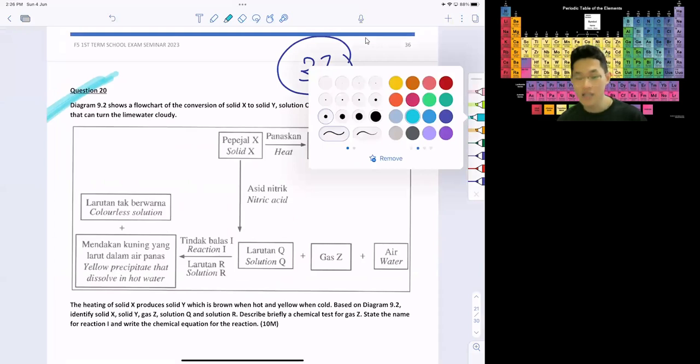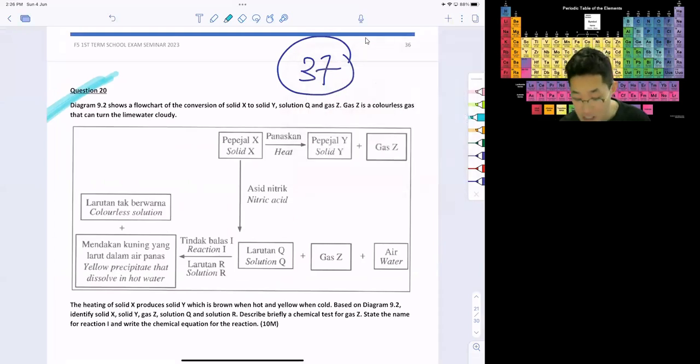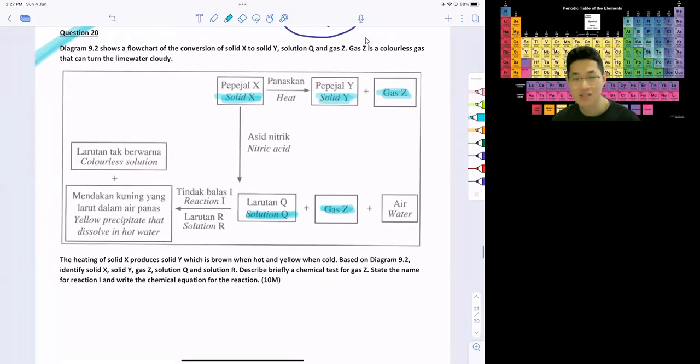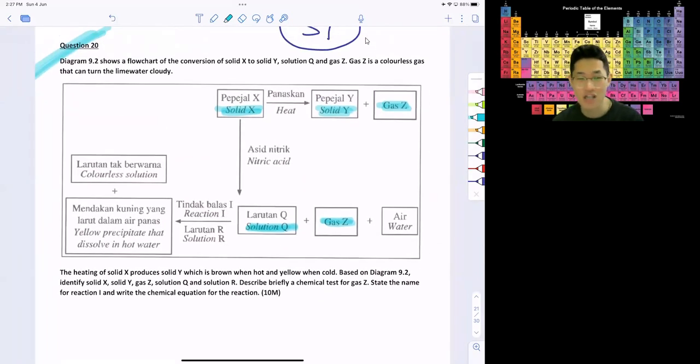I give you 2 minutes to find all the unknowns first. Once you got the answer, give me the answer. Thank you. And don't forget to read the questions, yeah? Read the questions, so that you know the information.